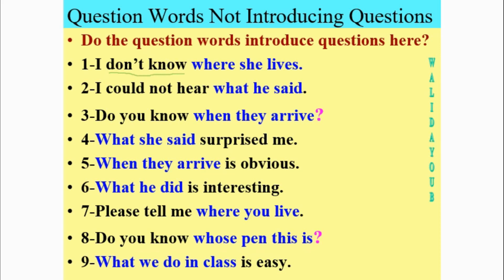Now, what's the subject of I don't know? You already know that to find the subject, we ask what or who plus the verb. So here, who don't know or who doesn't know? I. So I is the subject of the main clause and don't know is the verb of the main clause.